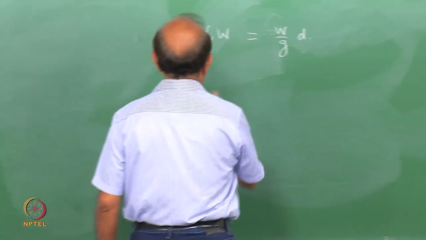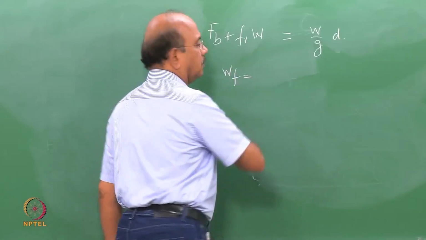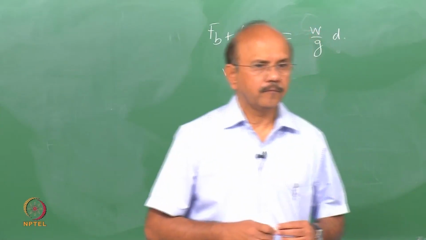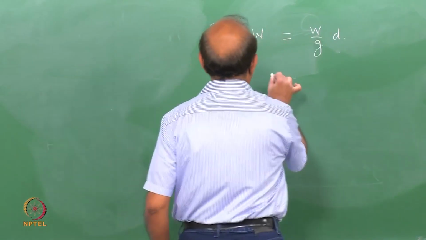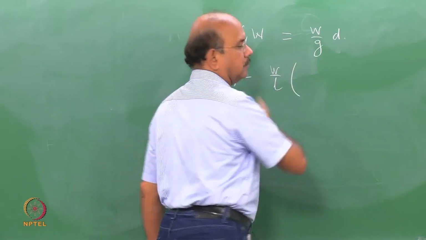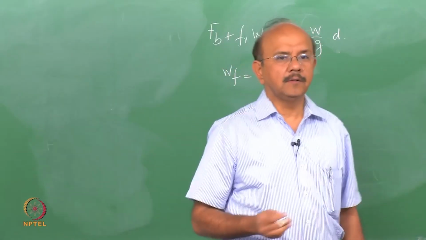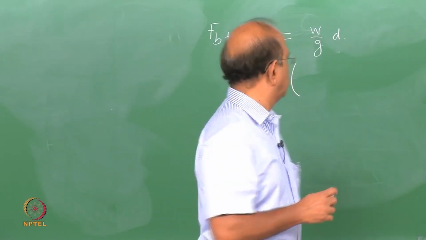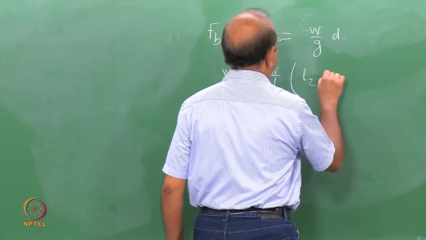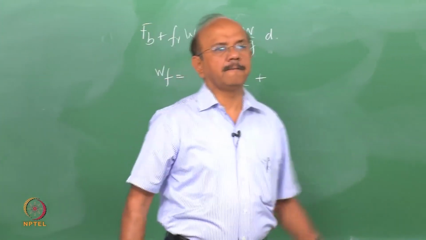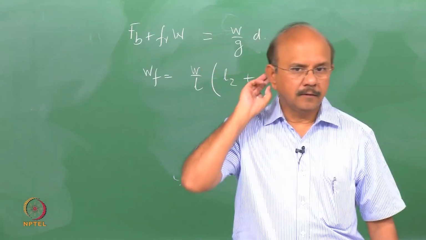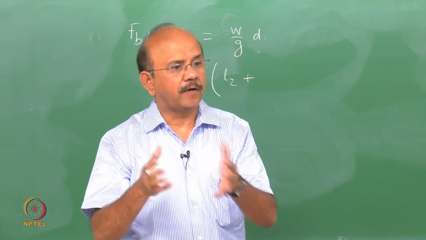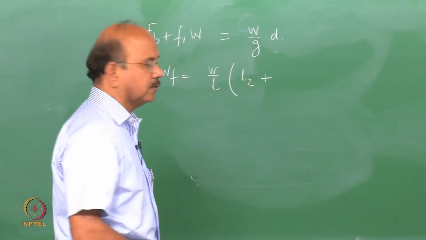We also have, this is one equation, we also have an equation for Wf and Wr, and that can be written as, how did we write it? We took W out. What's the first term for Wf? L2 plus, what was the term which is inside? Fb plus Frw. So what can you do from this equation?